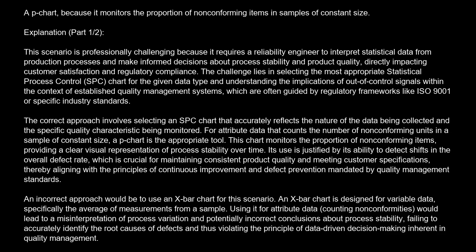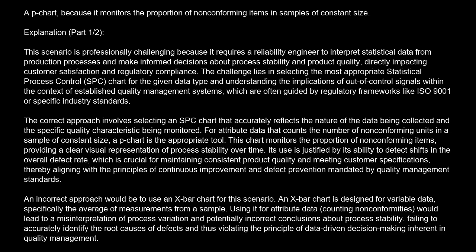The challenge lies in selecting the most appropriate statistical process control, SPC, chart for the given data type, and understanding the implications of out-of-control signals within the context of established quality management systems, which are often guided by regulatory frameworks like ISO 9001 or specific industry standards.